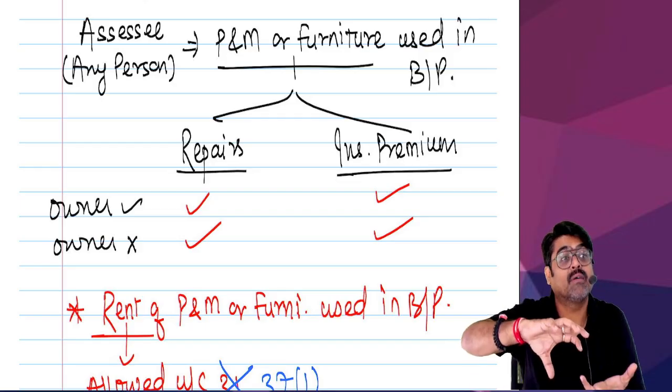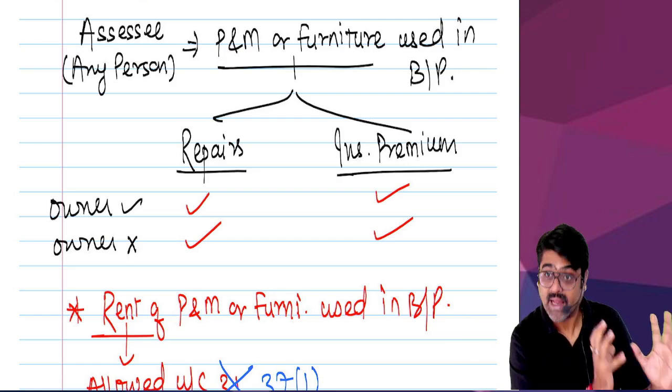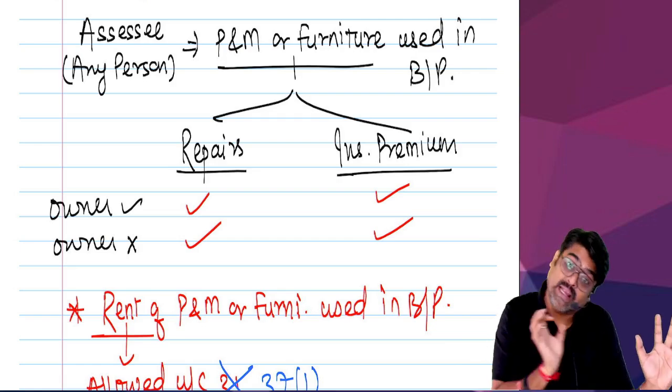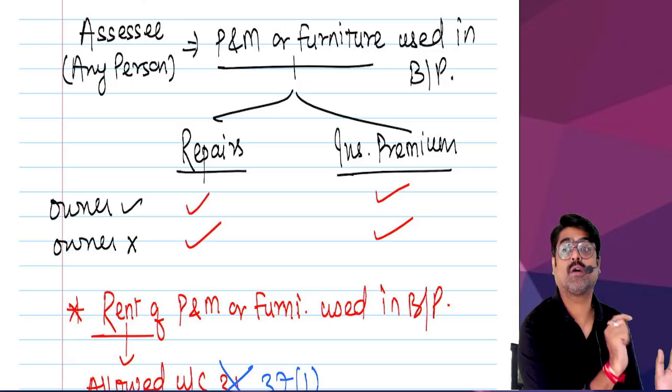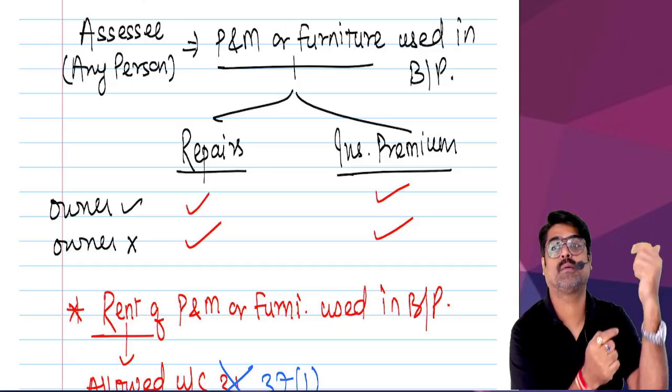I have repaired the machine and added one extra component in the machine, and because of that, the production capacity got doubled.